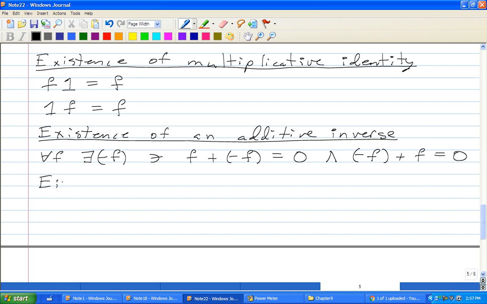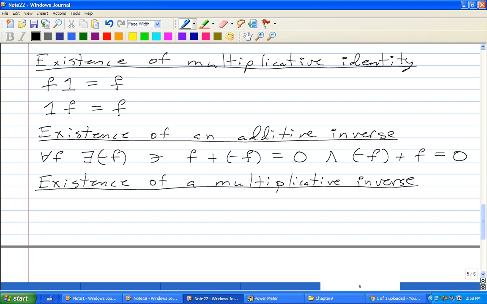Existence of a multiplicative inverse. Well, for any non-zero function, there exists a multiplicative inverse denoted by 1 over f, such that if I multiply any function times its multiplicative inverse, it is equal to the multiplicative identity.